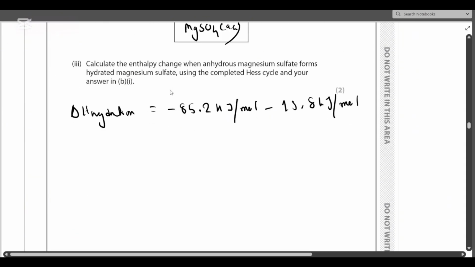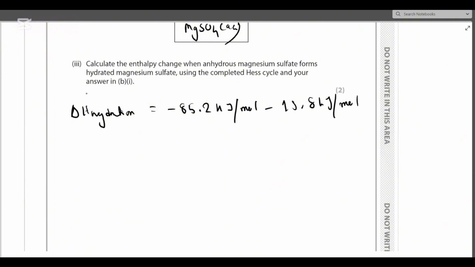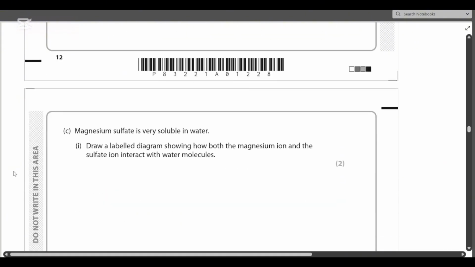When you add them up, the answer you get is approximately negative 101 kilojoules per mole. Anyways, now let's move on to the next part.